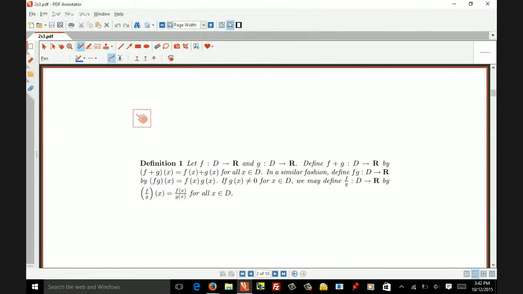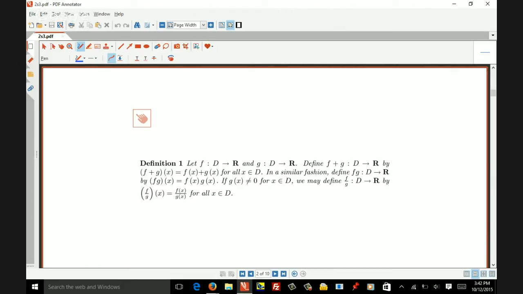Section 2.3 begins with a definition. Let me get my book open. This is my definition I put up here.